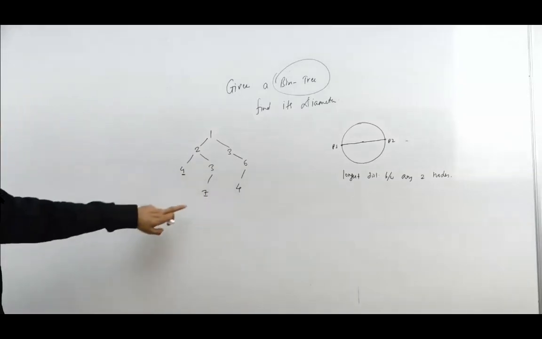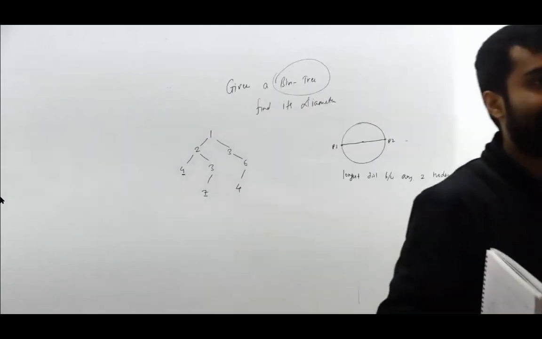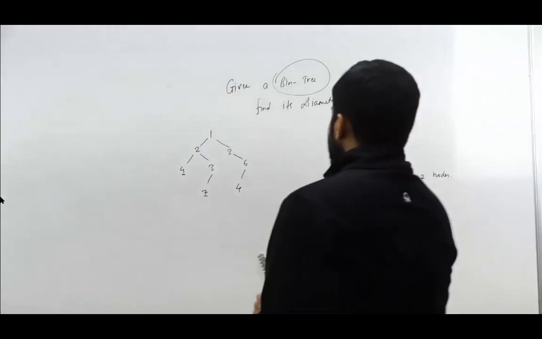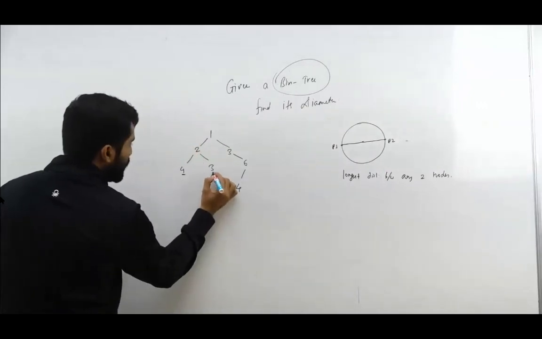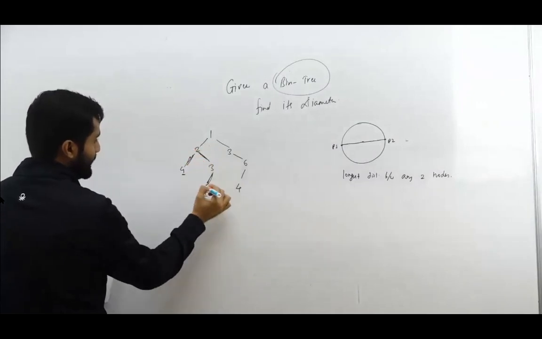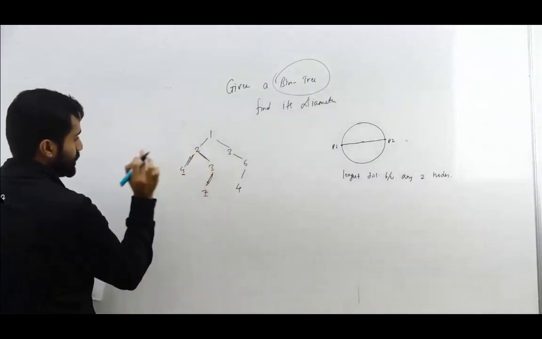Can you tell me the distance between this 7 and this 4? By distance, I mean how many nodes are lying along that path. If you have to go from this 7 to that 4, you will go like this, like that, and like that. So this is the path, and along this path, the number of nodes are 1, 2, 3, 4.